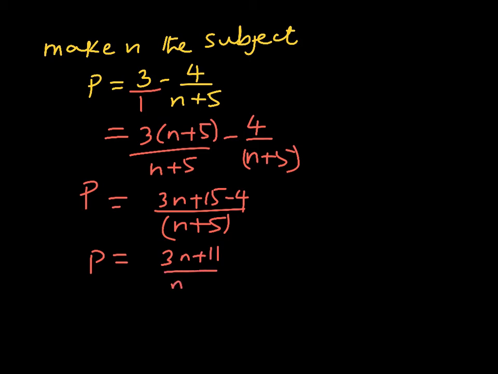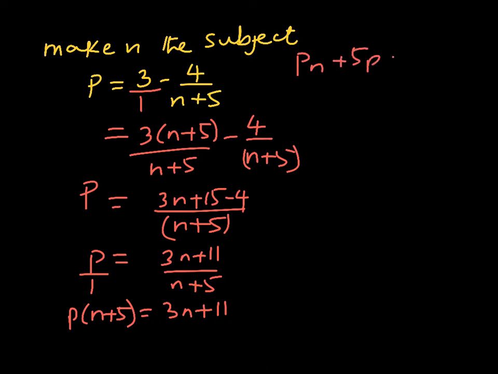So we want to cross multiply, so that becomes P into n plus 5 is equal to 3n plus 11. So the next step is p times n, that is pn, plus 5p is equal to 3n plus 11. Now that we have some terms with n, we want to put all the terms with n on one side, particularly the left.